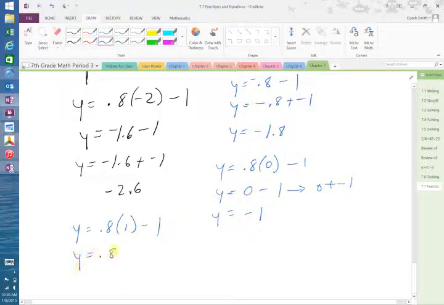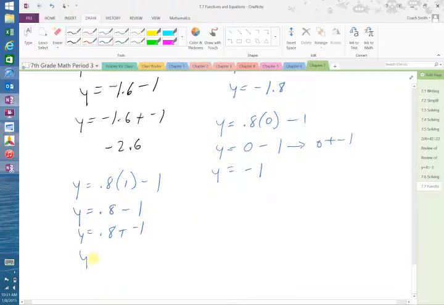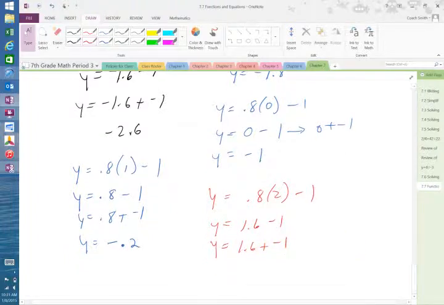That's y is equal to 0.8 minus 1, which is 0.8 plus negative 1. So y is equal to negative 0.2. And then the last one is y is equal to 0.8 times 2 minus 1. That's 1.6 minus 1, which is 1.6 plus negative 1. So y is equal to 0.6.